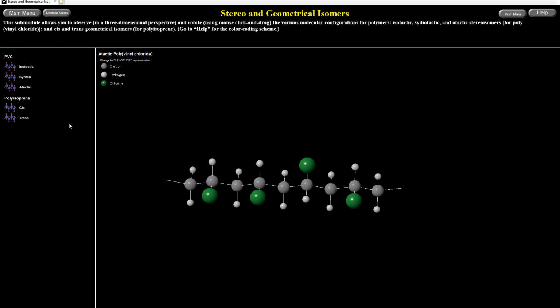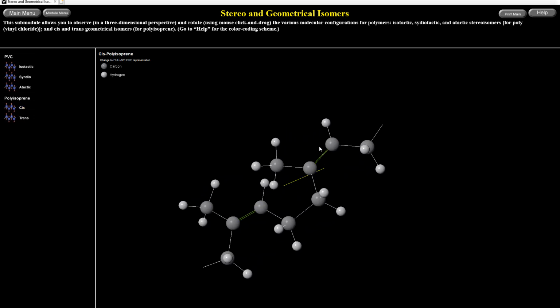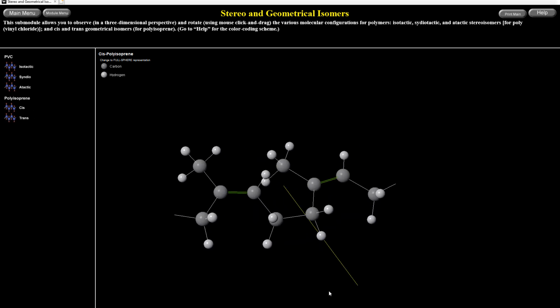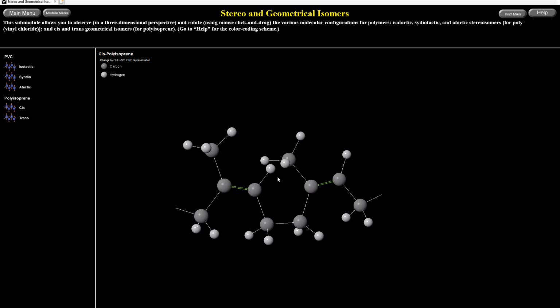So let's go back and look at the cis isomer for polyisoprene. All right. So again, if we look at this in 3 dimensions, you will see, and that's where that picture that I showed you is from. So the groups that hang off of the double bond are on the same side, and that's a cis isomer.